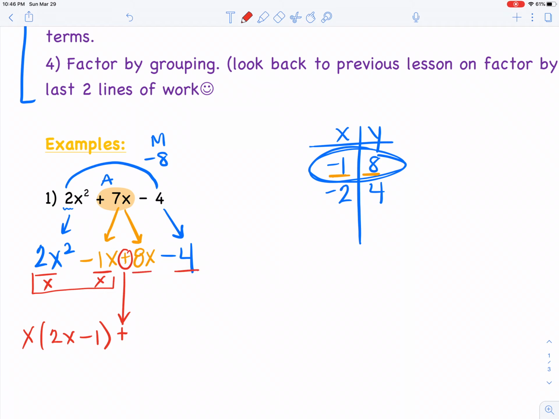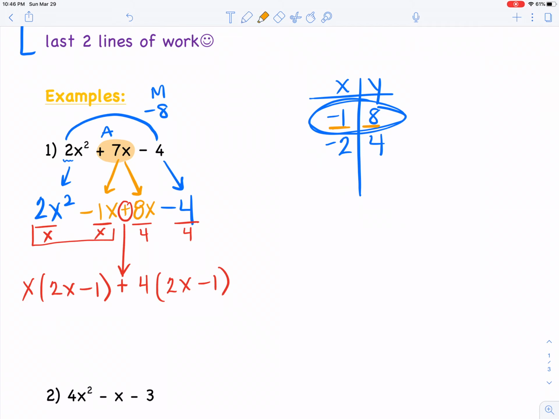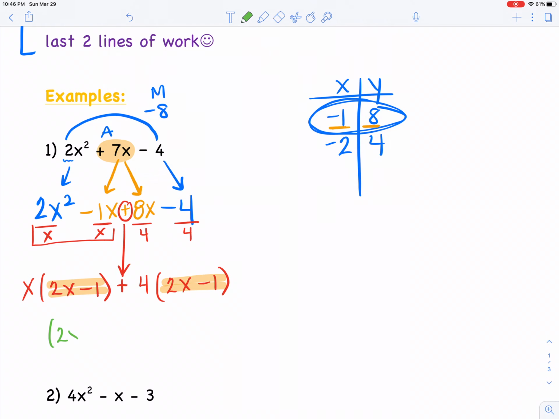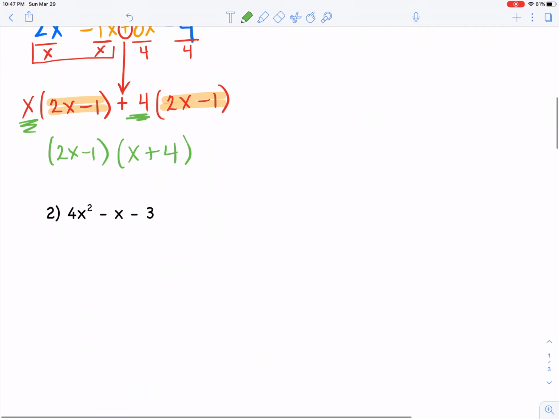Here I could take out a 4 from the second group, divide both terms in the second group by 4, get 2x minus 1, and just like happened last time, the 2 parentheses are going to have the same thing in it if you're doing it correctly. So I could write that 2x minus 1 that I got once, and then the 2 numbers in front of the parentheses, x plus 4. So it puts together what we learned with the trinomials, with the add multiply, with what we learned about the factoring by grouping.